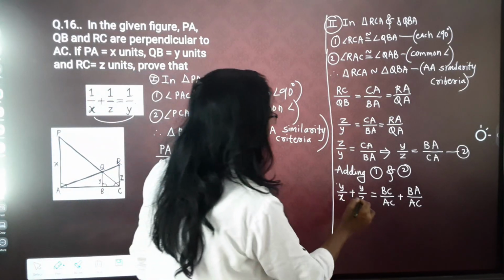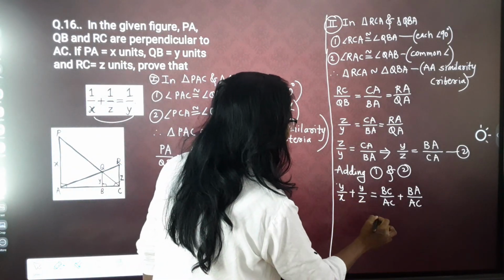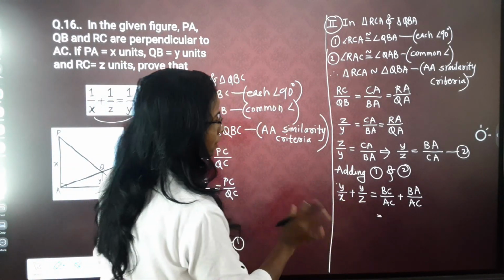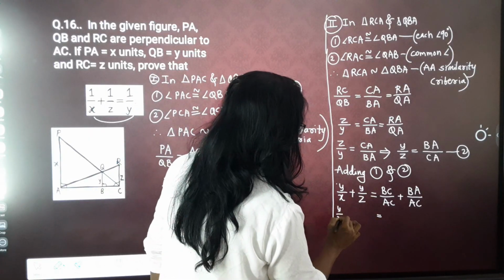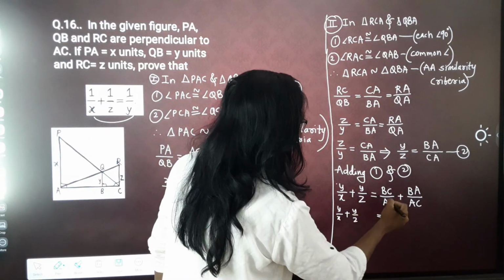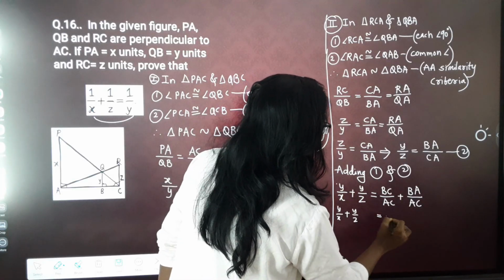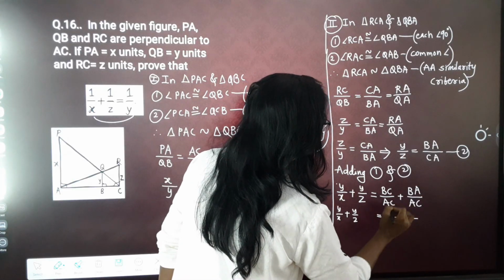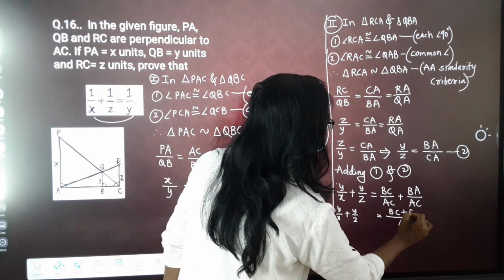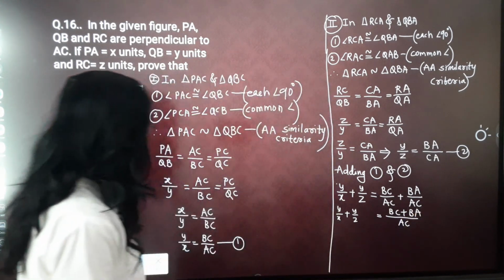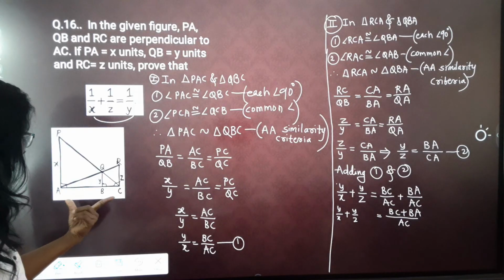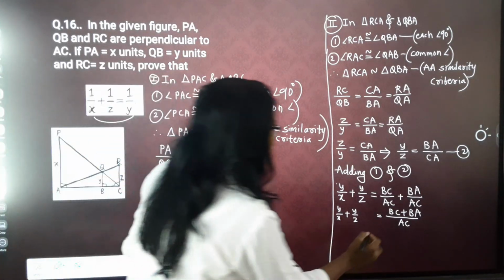Okay, so now these ratios I write as it is, Y upon X plus Y upon Z. Now the AC denominator is the same, so AC, and here BC plus BA. BC plus BA means the AC.